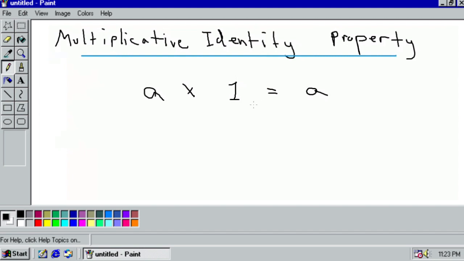So this one is called the multiplicative identity. Let's have A as 6. So 6 times 1 is 6. So this property is true.